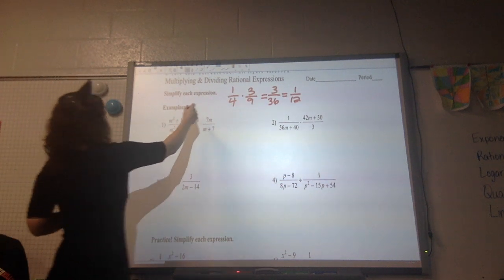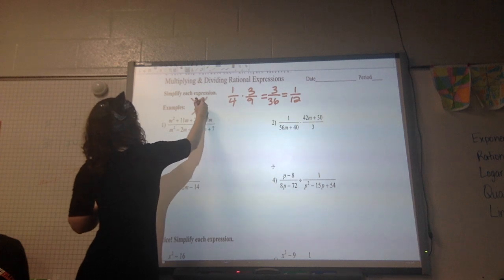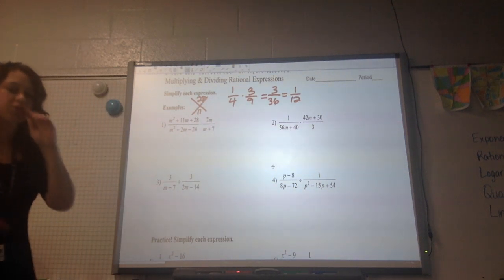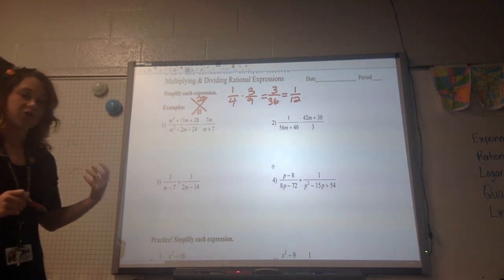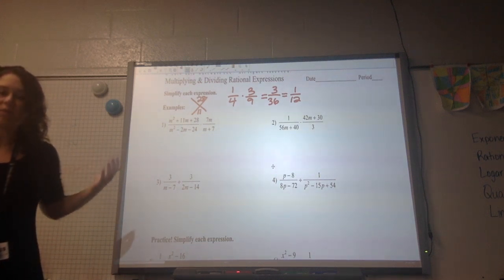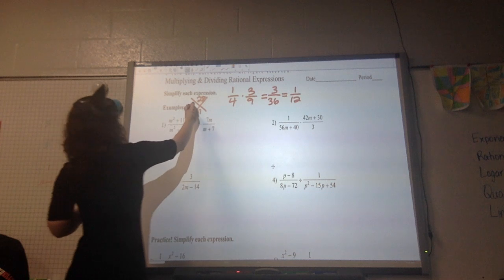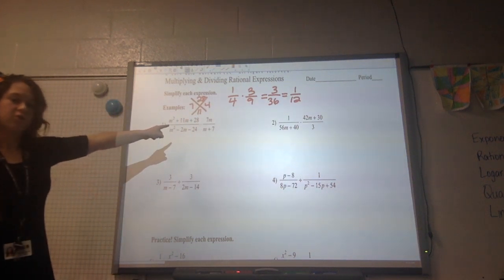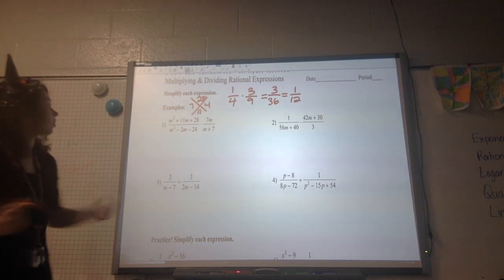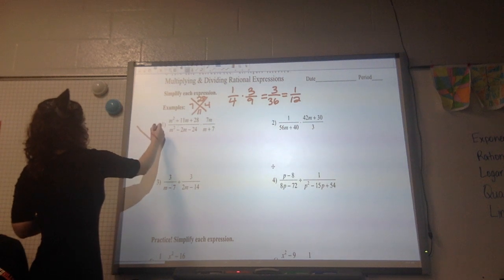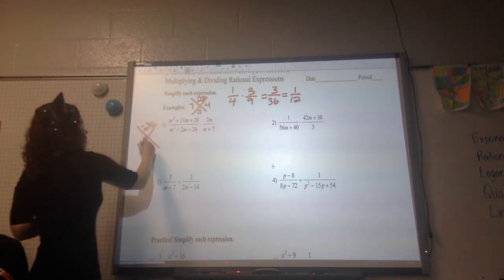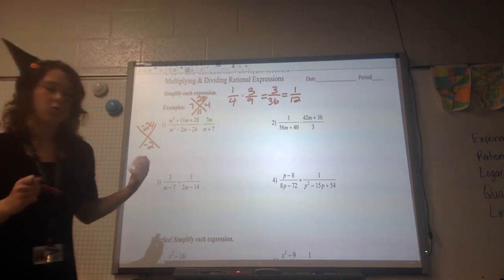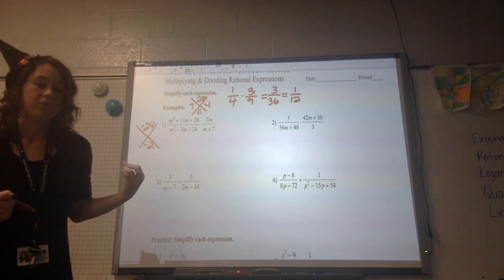So I make my x on top here, and I am looking for two numbers that multiply to 28 and add to 11. Well, off the top of my head, I know that's 7 and 4. I'm also going to go ahead and factor the bottom. On the bottom, I am looking for two numbers that multiply to negative 24 and add to negative 2.